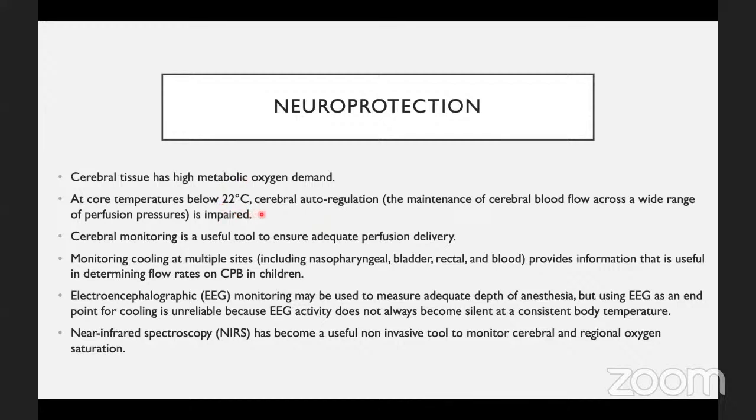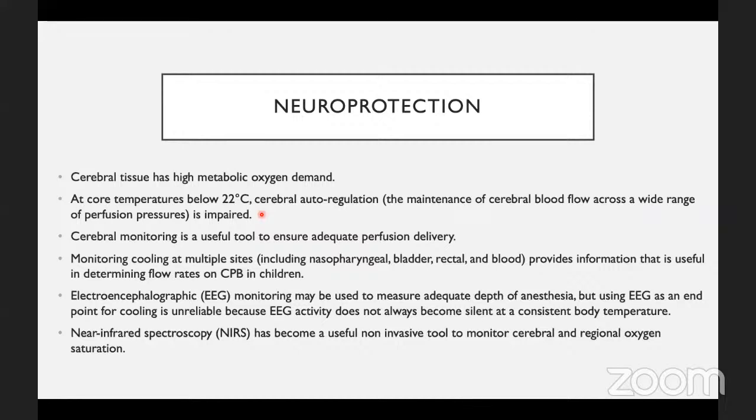hypothermia on autoregulation. And the most important thing is, preventing hyperthermia is a very key factor in preventing brain injury, because you should remember that your nasopharyngeal temperature may be showing 36 degrees or your rectal temperature may be showing 35 degrees, but the blood that is jetting out of your cannula is the water temperature that you have set at your perfusion site.